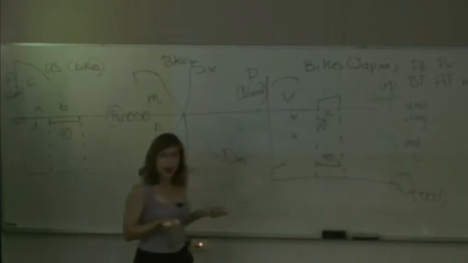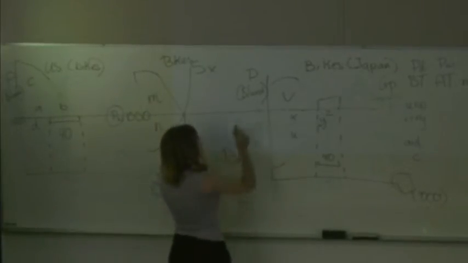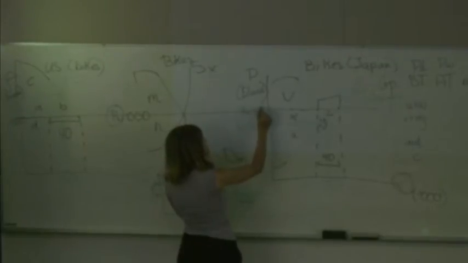So as we said, after trade, what happens is that the price in Japan goes up to the world price of $1,000. And in the US, it decreases to the world price of $1,000.